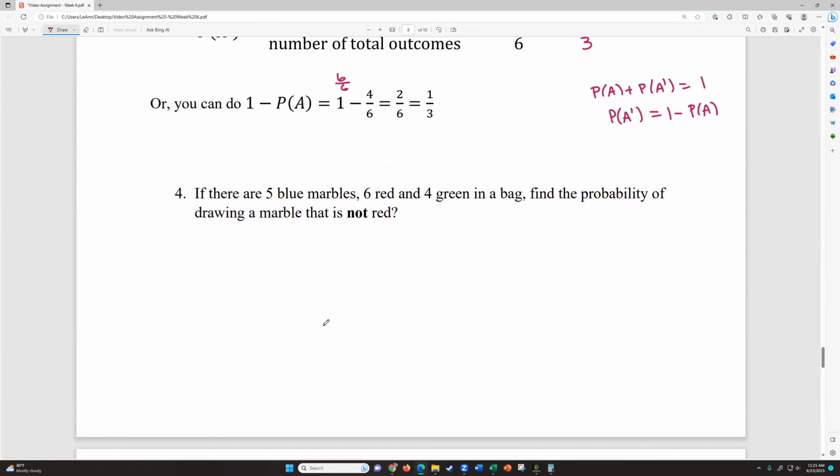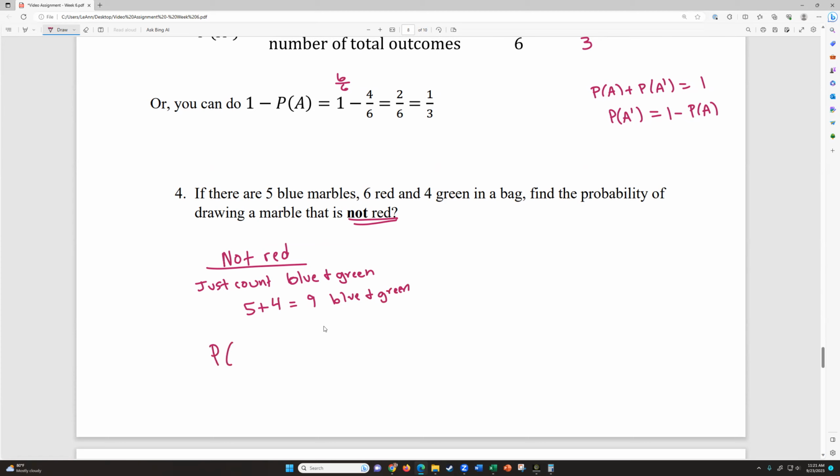Okay, so let's look at an example. It says if there are 5 blue marbles, 6 red, and 4 green in a bag, find the probability of drawing a marble that is not red. So it's really easy in this one. There's 2 ways we could do this. So not red, we could just count the blue and the green. We could just say, what do we have? Okay, well, we have 5 blue and 4 green. So that's 9 blue and green.